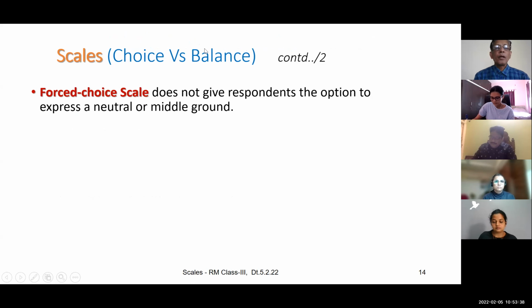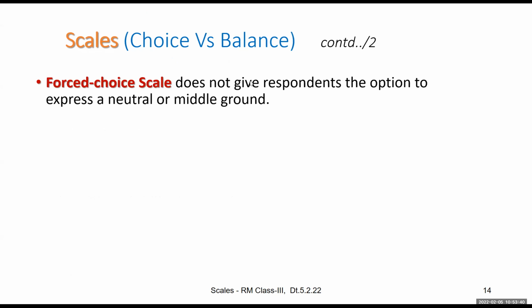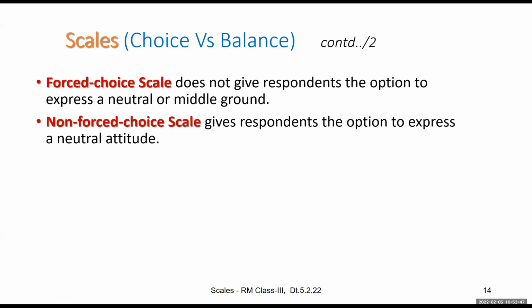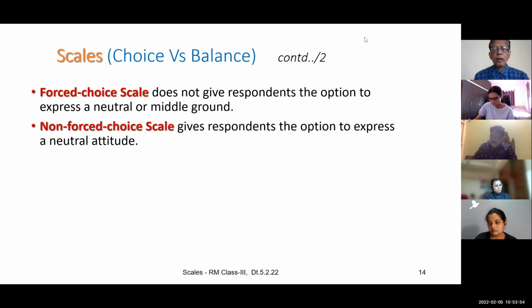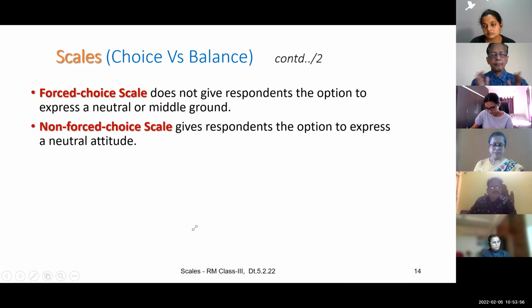Now, we can classify scales into two broad classifications. One is forced choice scales versus non-forced choice scales. So for example, a standard product, maybe a high-end car, when you are taking your car for servicing, it is expected that the service is really very good.